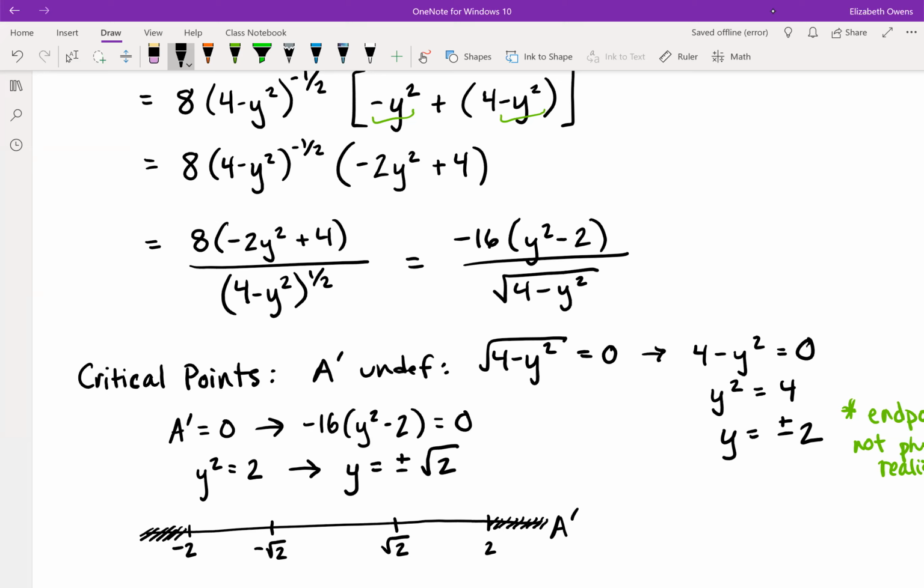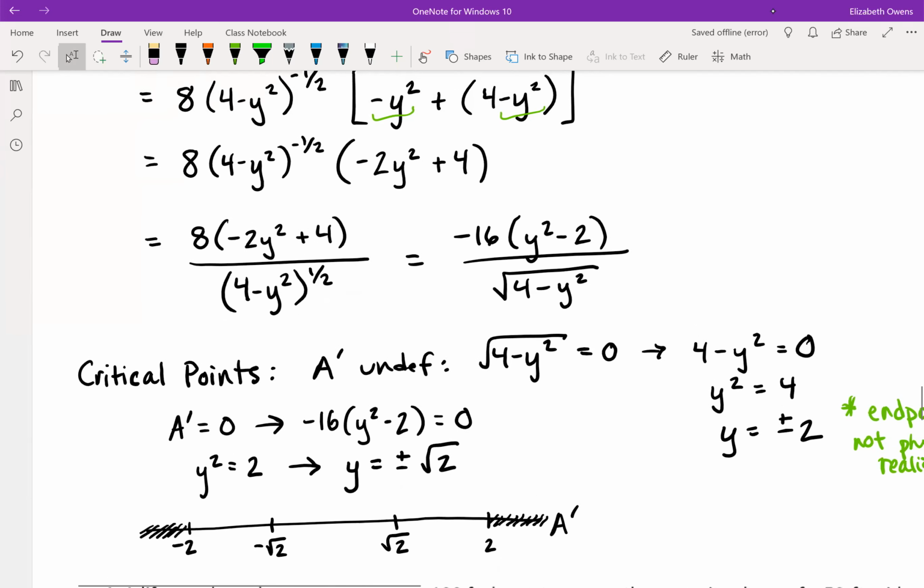If you picked y equals 3, for instance, that would not work with the denominator of our derivative. You'd be getting a negative underneath that square root, and we don't want to work with complex valued functions here. So we are not even going to consider values greater than positive 2 or less than negative 2. But we can test things within these intervals.